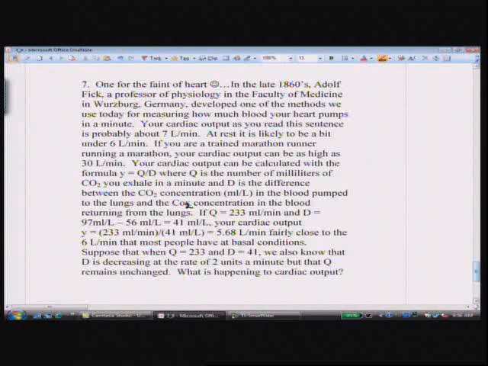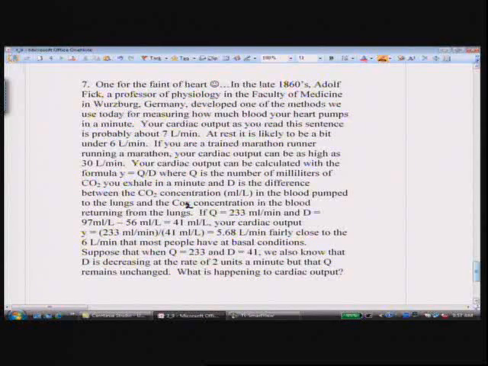If Q equals 233 and D equals 97 minus 56, which is 41. I don't know what that unit is. It's milliliters of CO2 per liter of blood. Okay. So Y equals 5.68, which is fairly close to the 6 liters per minute that most people have at basal conditions.